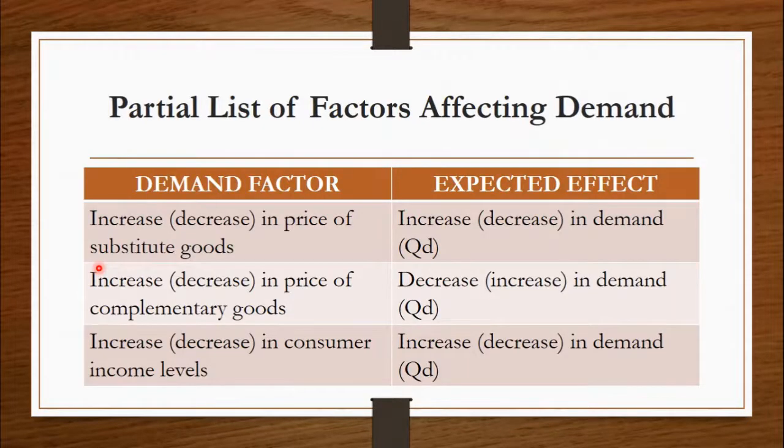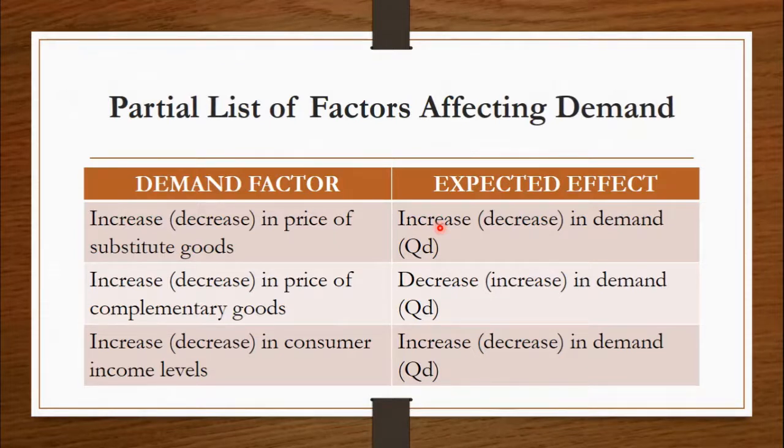So these are the list of factors affecting demand. So you have here, if there is an increase in the price of your substitute good, there is an increase in demand of your product. Again, ang ni-increase ang price man sa substitute good. So meaning, ikaw nga imong focal product is mo-increase imong demand kay of course substitute good man to nimo.